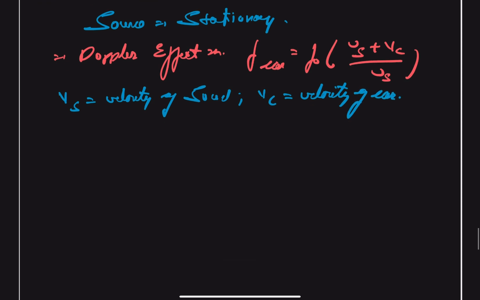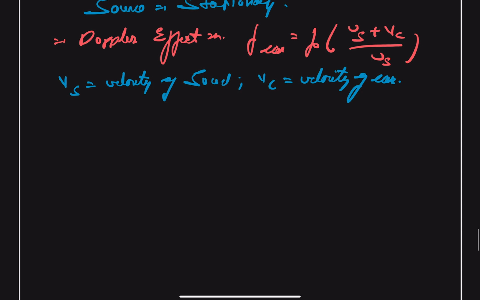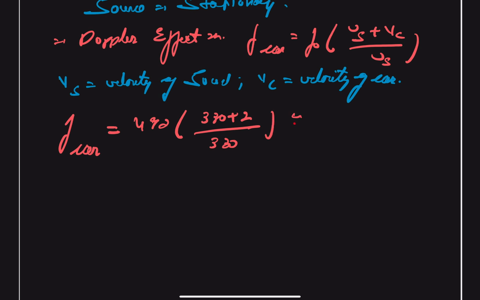We substitute the values, we get that our F car will be equal to 492 times (330 plus 2) divided by 330, and this is approximately 495.03 Hertz.